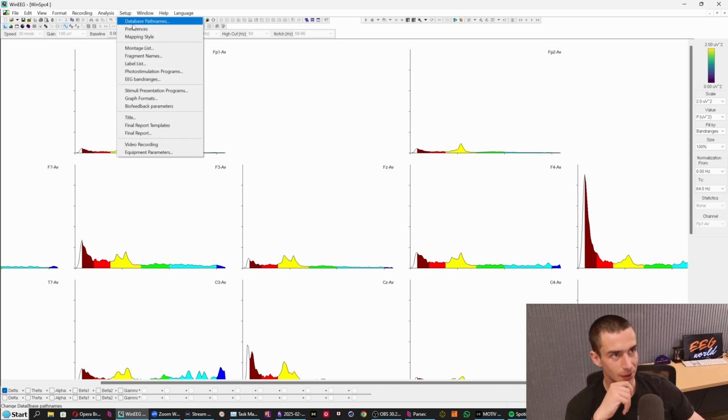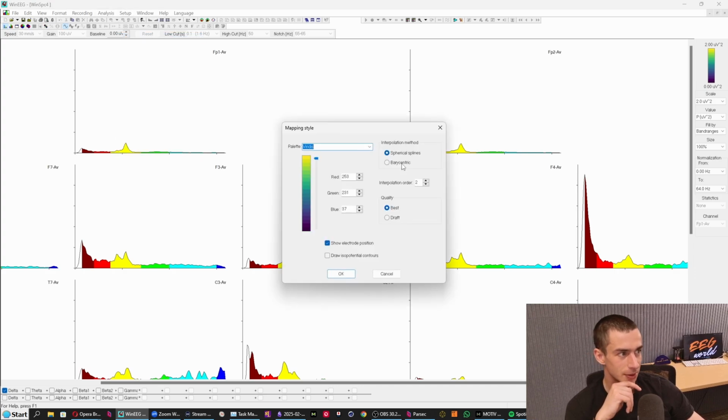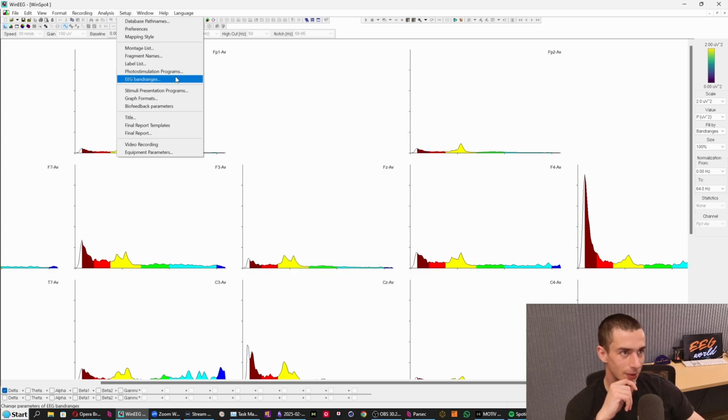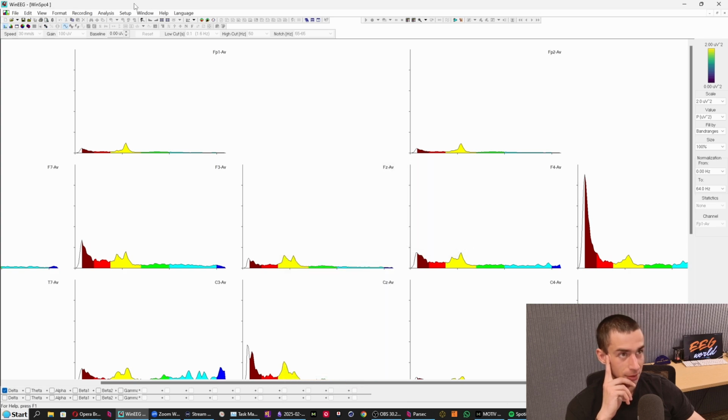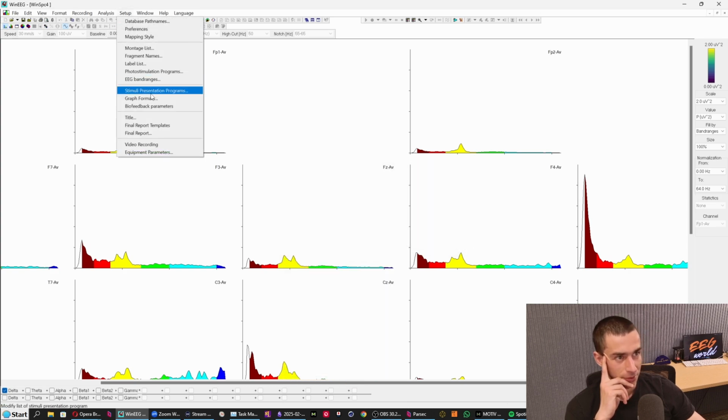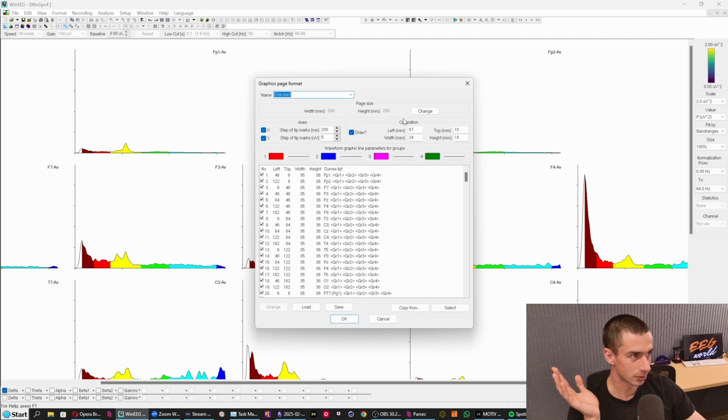I was trying to change the scaling here so that we could see the whole thing all at once, and for some reason I thought the change I just made would allow us to do that. Graph formats.